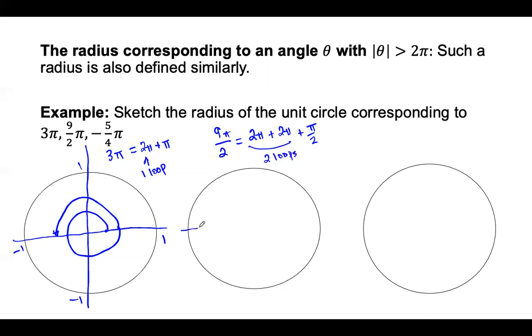So let me try to draw the axis. 1, 1, -1, -1. So you begin here, or anywhere on this positive axis. You go around once, go around again twice, and then you go pi divided by 2.